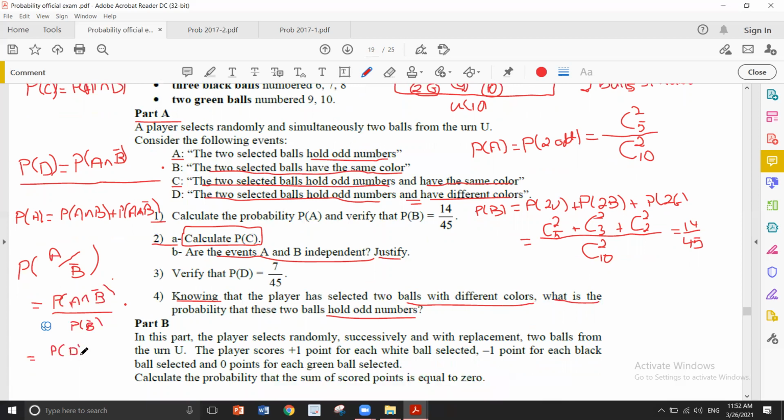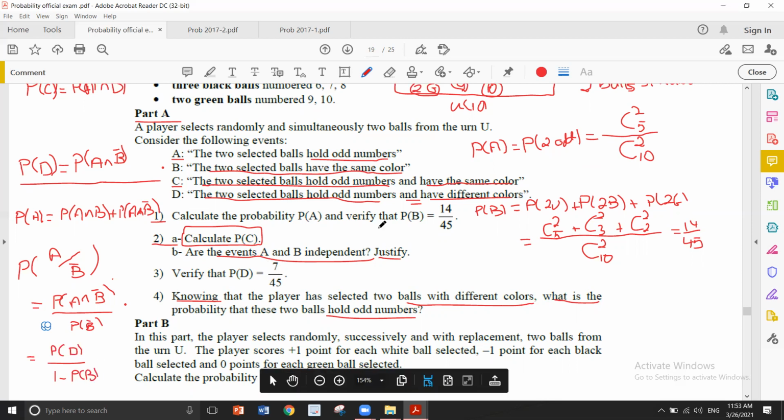How to calculate probability of B bar? 1 minus P(B). Probability of D we have, probability of B we have, so it is determined.